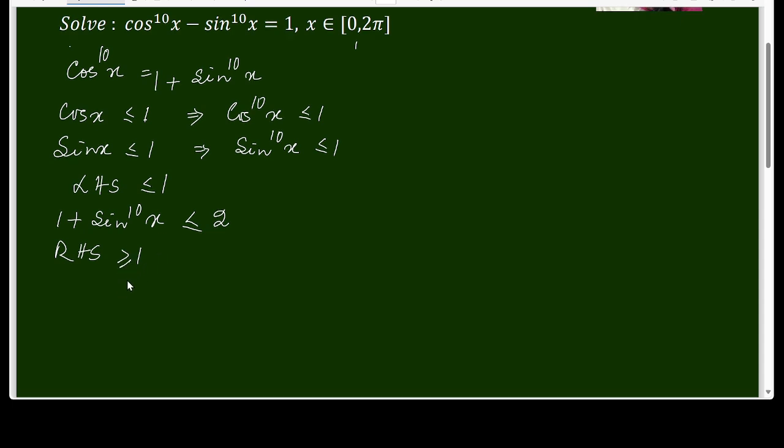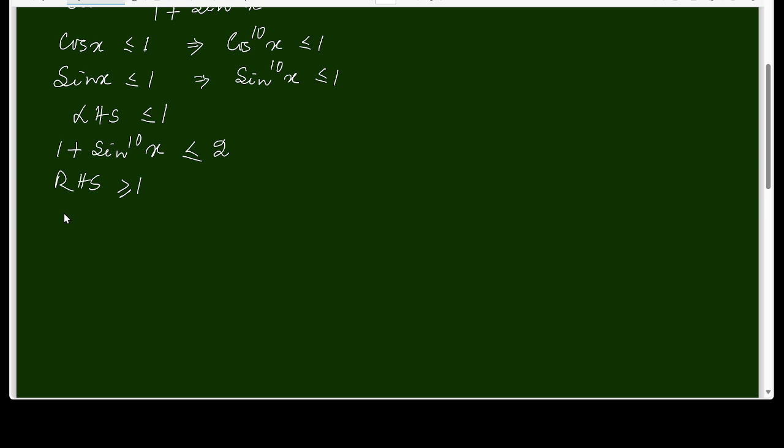So it is only possible when LHS equals RHS, that means both are equal to 1. So we are getting cos power 10x equals 1 and sine power 10x equals 0.